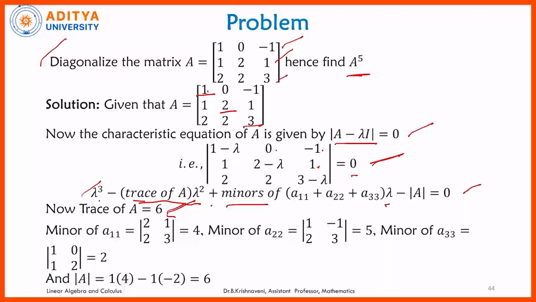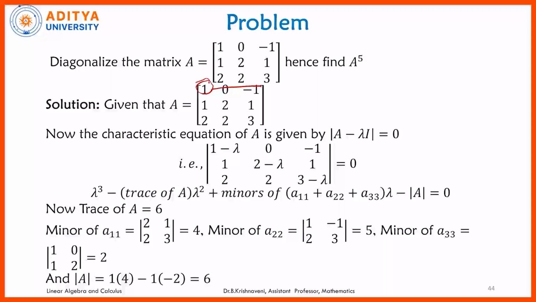Minor A11. How to find minor A11? First consider the A11 element. We need to consider the elements which do not contain it, that is, delete its row and column, and find the determinant of the rest, which gives minor A11. Next, consider minor A22.